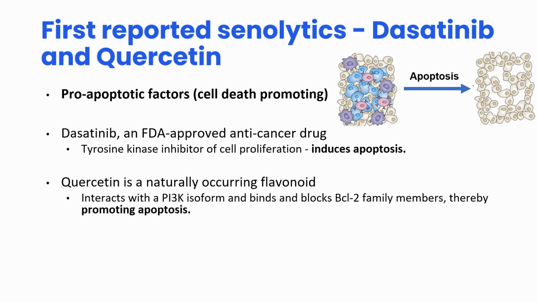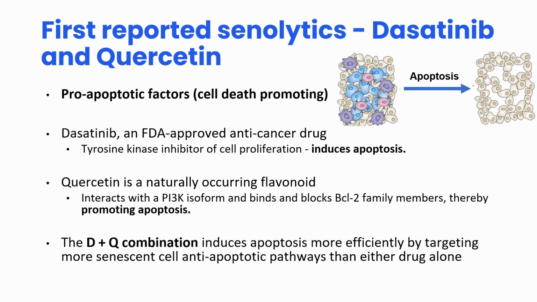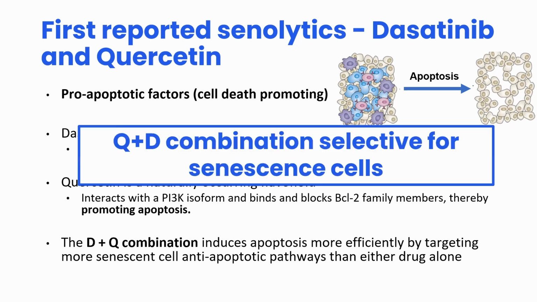And quercetin, again, a naturally occurring flavonoid, which is another kind of polyphenol, interacts with the PAKT pathway and the BCL2 pathway, and it causes apoptosis. And again, it's important to remember that the research here has shown that this two-compound combination works better, is more effective at targeting senescent cells than any of these drugs alone. And that's the take-home message.